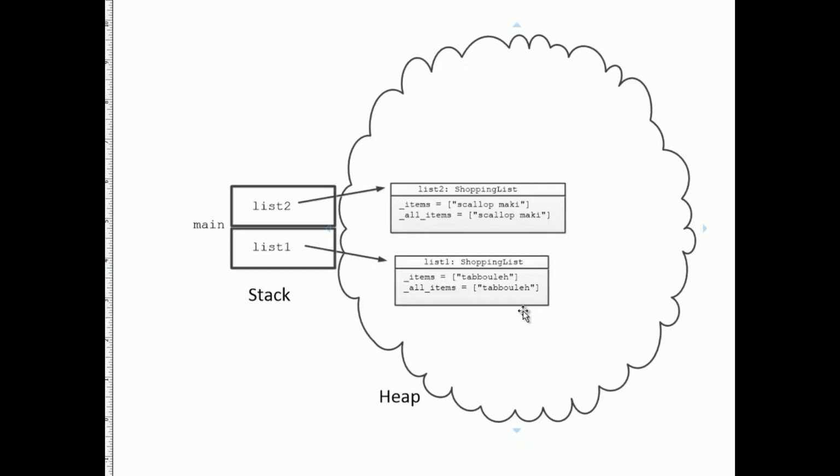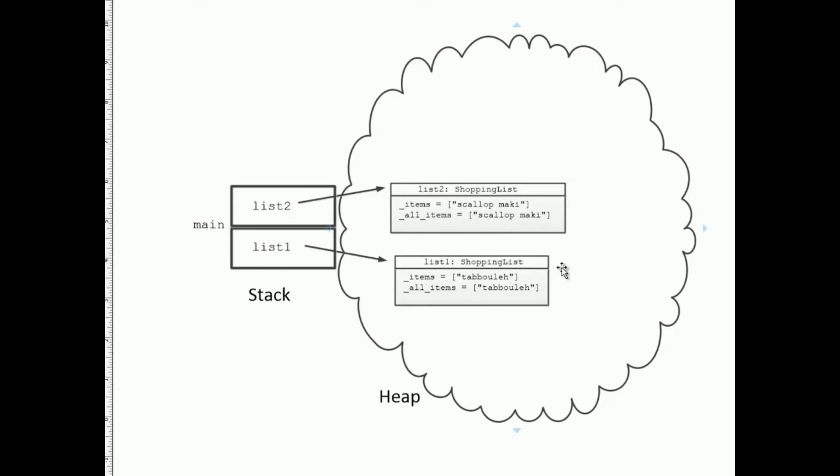So on the left, I have stack memory, and there is a frame for the main function with the local variables list1 and list2. These reference the two objects in the heap, list1 and list2, which each have the two lists, items and all items, and we have the values stored in those lists.